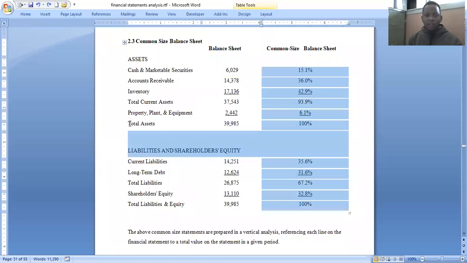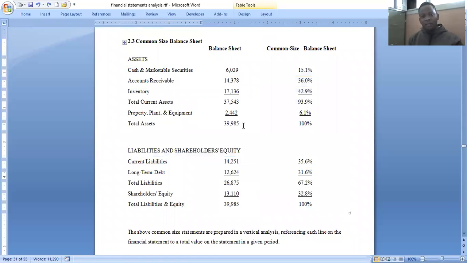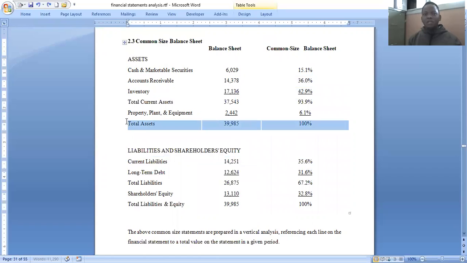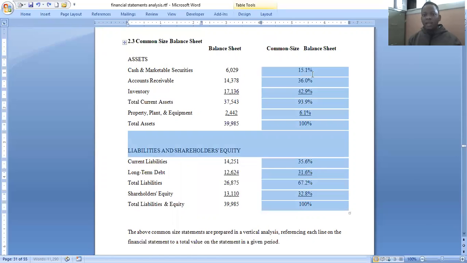That's why you find that the total assets are 100%, because it's expressed as a percentage of itself. Everything else in this highlighted column is a percentage of the total assets.